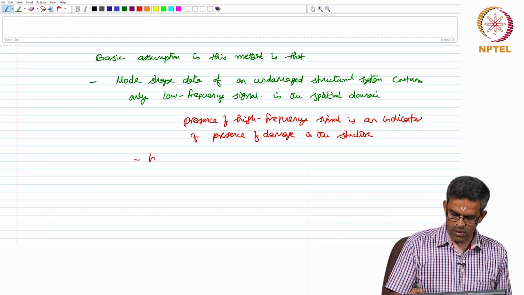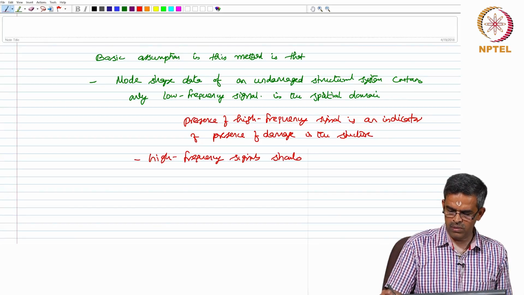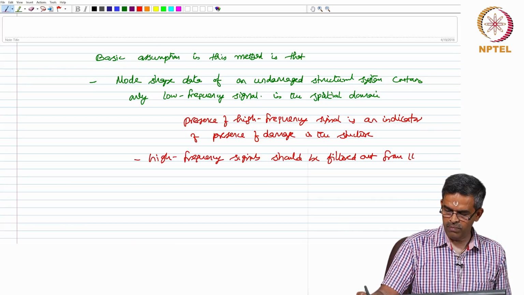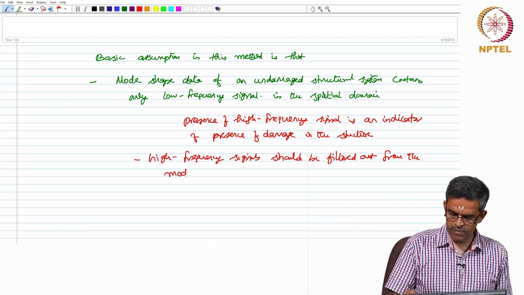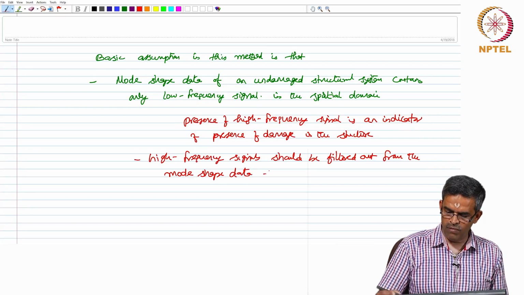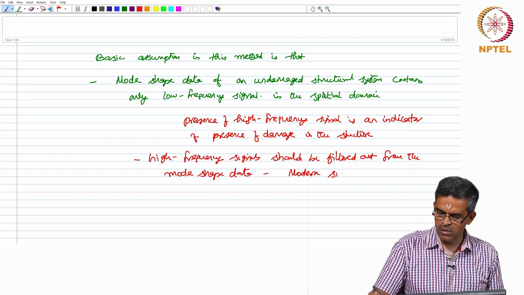So, therefore, high frequency signals should be filtered out from the mode shape data, which is generally done using modern signal processing.